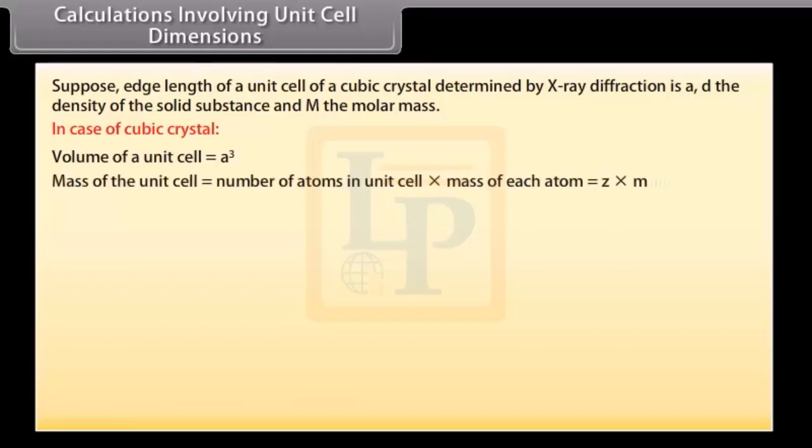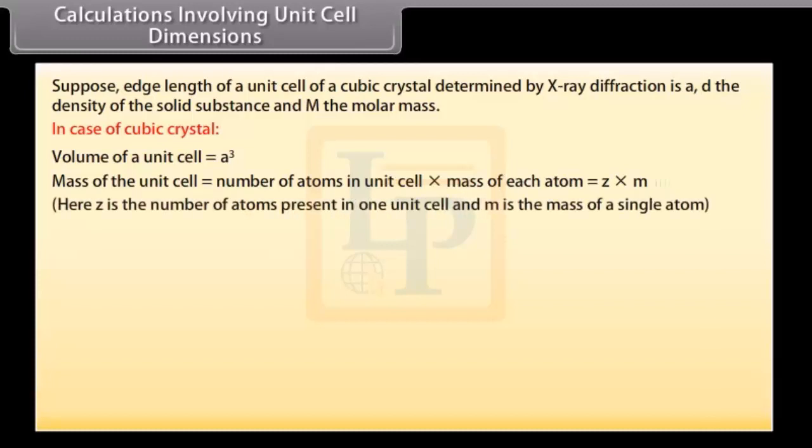Mass of the unit cell is equal to number of atoms in unit cell into mass of each atom, which is equal to Z into m. Here, Z is the number of atoms present in one unit cell and m is the mass of a single atom. Mass of an atom present in the unit cell, m is equal to M upon Na.